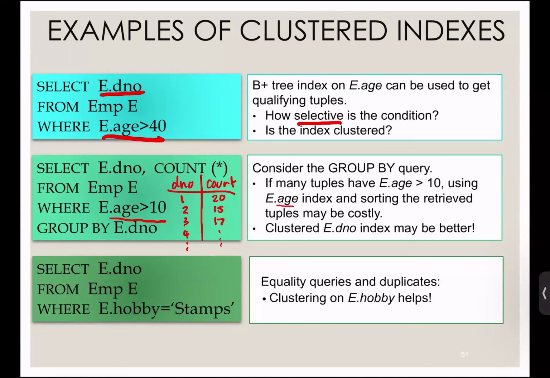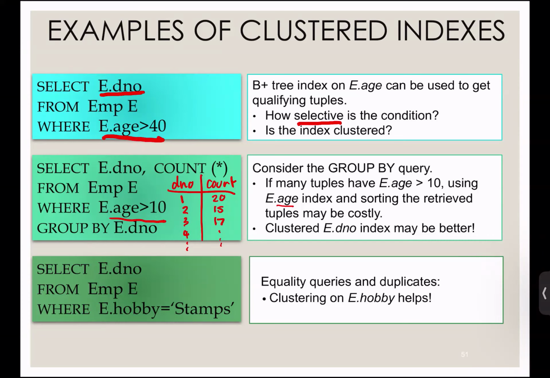Within DNO 1, I have to count how many people whose age is more than 10. The ordering of age doesn't help, because within the same age, I have people in different DNOs. But I want to tally people in DNO 1 only. So I have to take DNO 1 from age 20, DNO 1 from age 21, DNO 1 from age 22. That's really costly, very expensive. So having an index on age here doesn't really help.